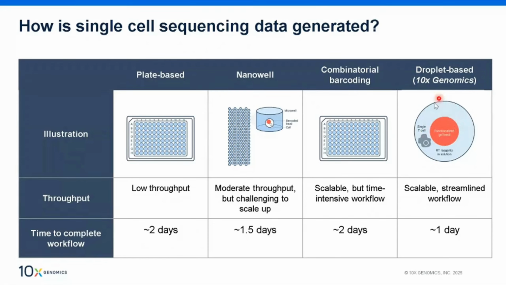This phospholipid bilayer is supposed to engulf only one single cell, and all the RNA in this single cell will acquire the unique barcode from the gel bead. This particular microfluidic technology makes the entire workflow scalable, streamlined, and complete in one day.